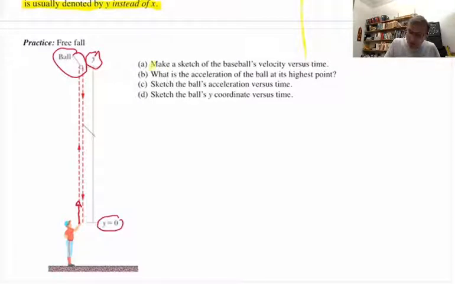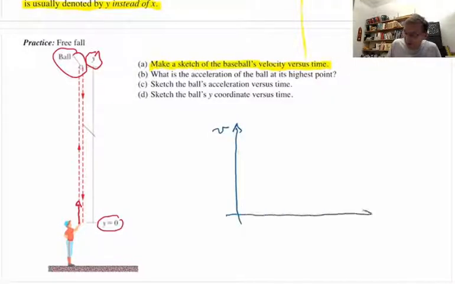Make a sketch of the ball's velocity versus time. That is to say, I'm going to want you to make a sketch, a graph, where the velocity is plotted on the vertical axis and time is plotted on the horizontal axis. What would the velocity versus time plot for the baseball be?